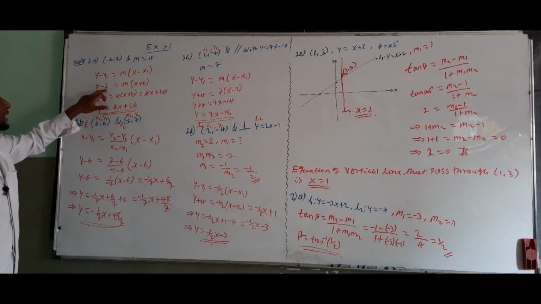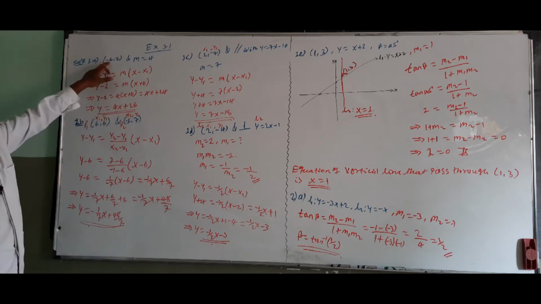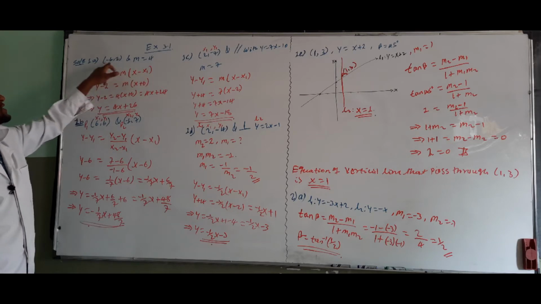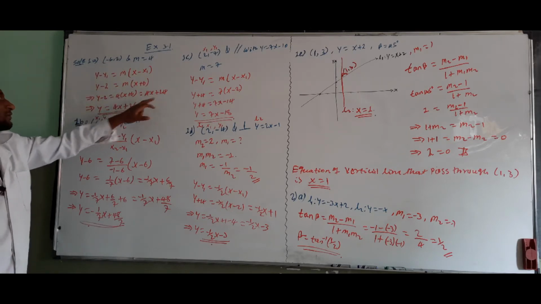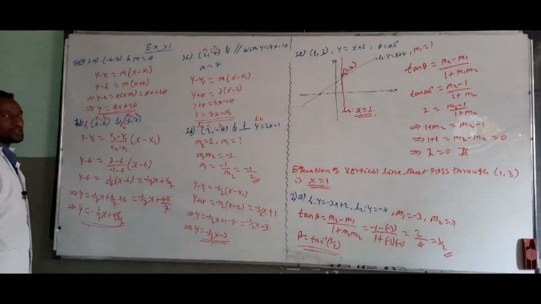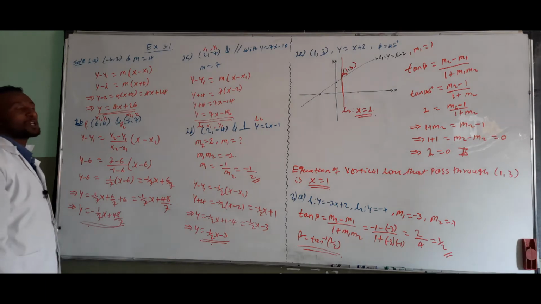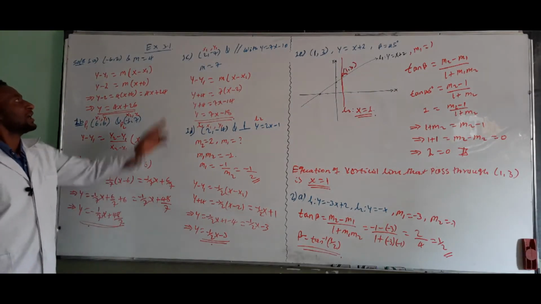Then y minus 2 is equal to m, the slope given, which is 4, times x plus 6, since the point is minus 6, so it becomes plus 6. This is equal to 4x plus 24. Then, moving it across, 4x plus 26 is the equation of the line that passes through negative 6, 2 with slope 4.